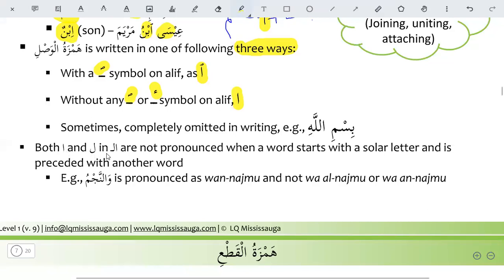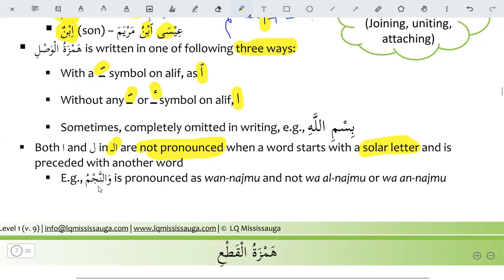Both alif and lam in al are not pronounced when a word starts with a solar letter. Alif and lam, we will not pronounce. So we will not pronounce them when a word starts with the solar letter and is preceded with another word, like wan najmu.